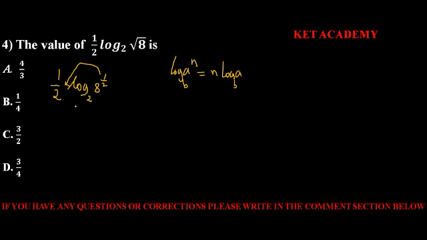So we are going to apply it here. Applying that, we are going to have a half times a half log of 8 base 2. Now 8 can also be written as 2 times 2 times 2. So this will be 1/4 log of 2 to the power 3 base 2.